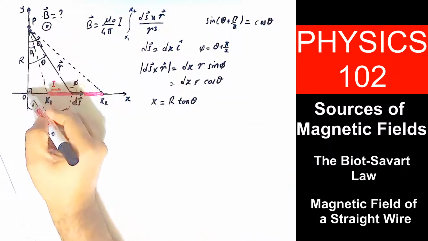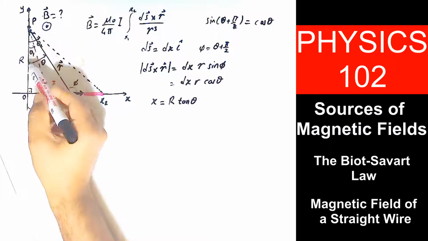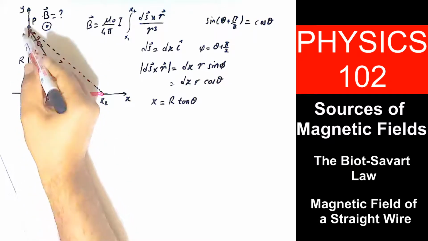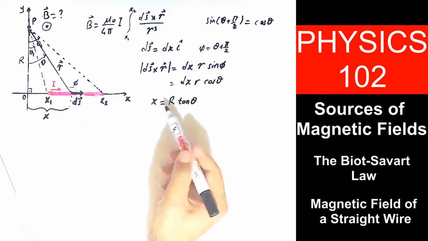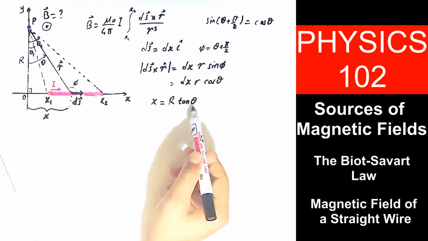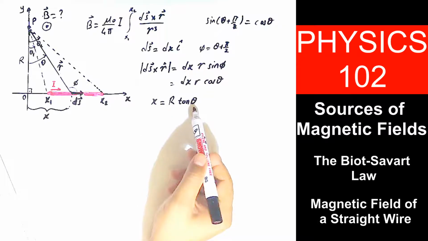This is a right triangle, this is theta, and this is 90 degrees. This is x, and this is r. So it's very easy to see that x is going to be r times tangent theta.